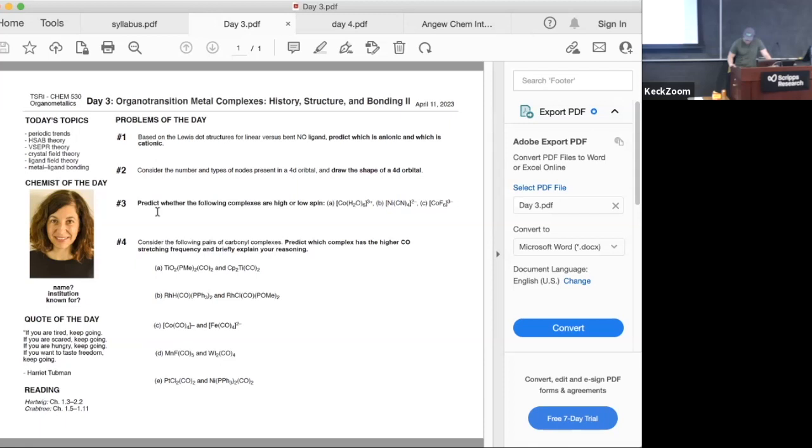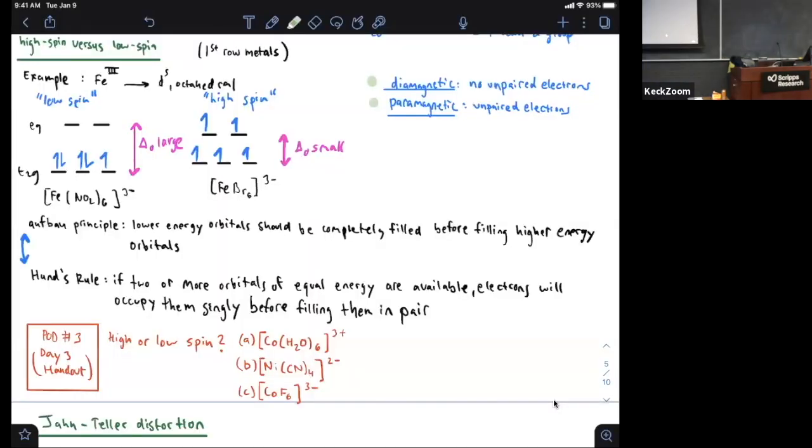Cobalt hexaaqua 3 plus, nickel tetracyano 2 minus, or cobalt hexafluoride 3 minus. So let's take 30 seconds to think about that, and then I'll call on volunteers.